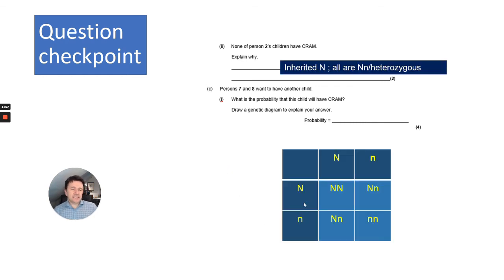I've drawn the genetic diagram, so you can see the parents there and the offspring, and the probability is 0.25, and I'll show you why. The question wants the probability, and probability is shown in decimals, which is 0.25. So you can't show it as a ratio, for example.